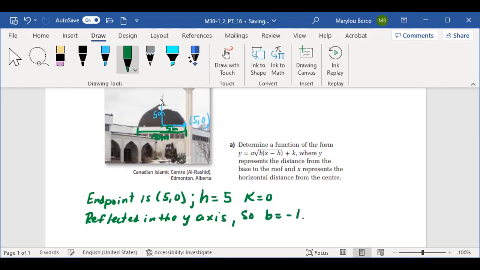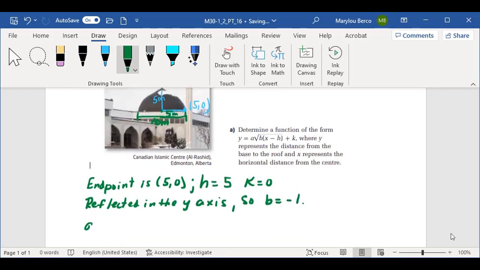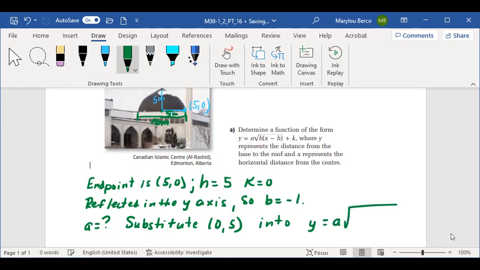So to find the value of a, we substitute the coordinates (0, 5) into y equals a root of negative x minus 5.